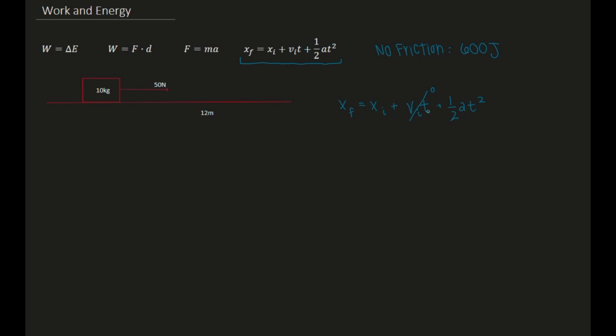And then if I subtract the x initial term to the other side, I get x final minus x initial, which, the final of anything minus the initial of anything is always the change in. So this then becomes change in my position, which is equal to 1/2 the acceleration times time squared.